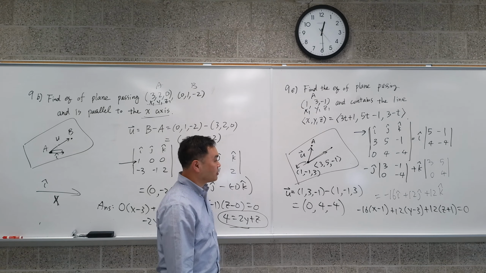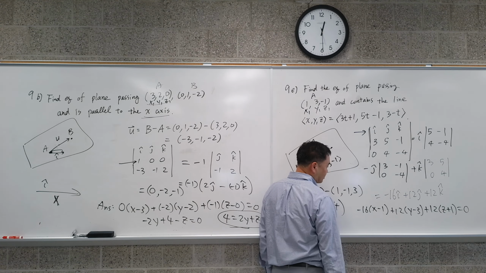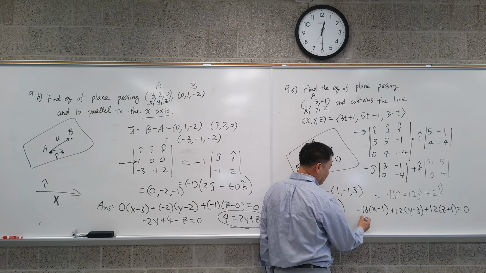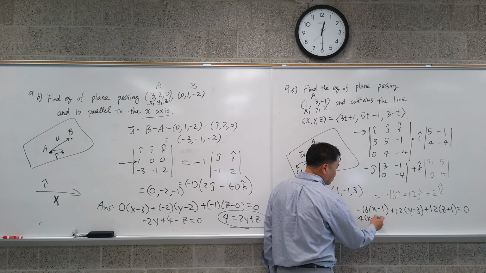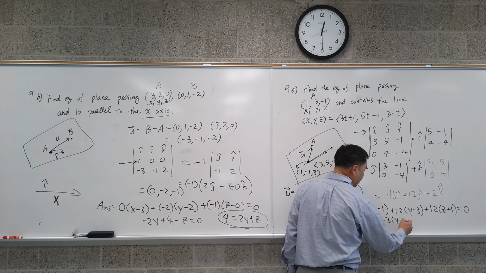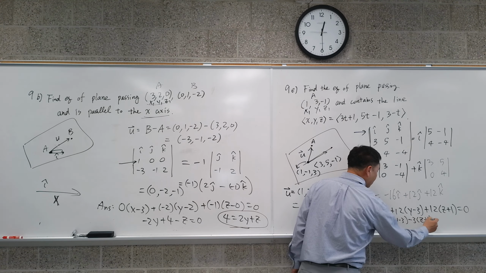Okay, and then let's divide by 4. Actually, let's divide by -4. So you get 4 times x minus 1, minus 3 times y minus 3, minus 3 times z plus 1, equals 0.